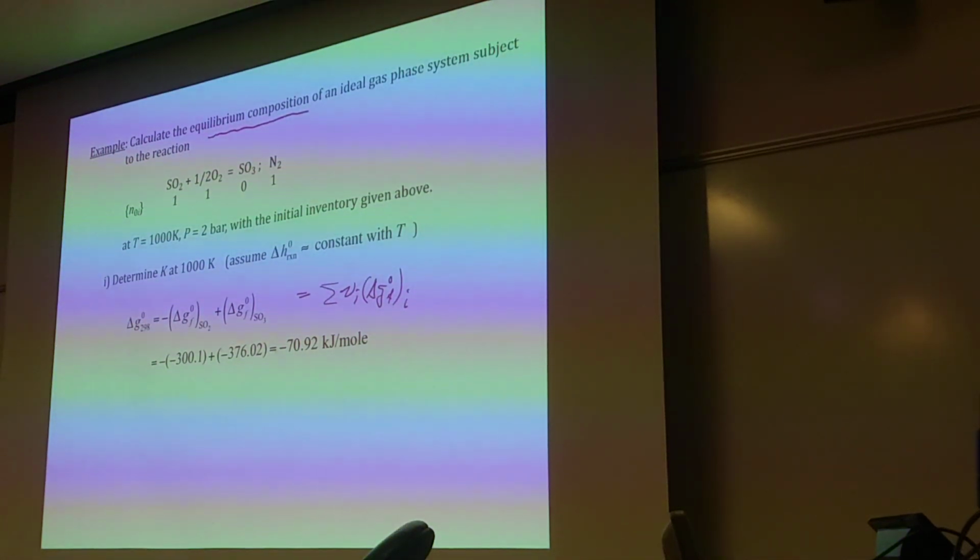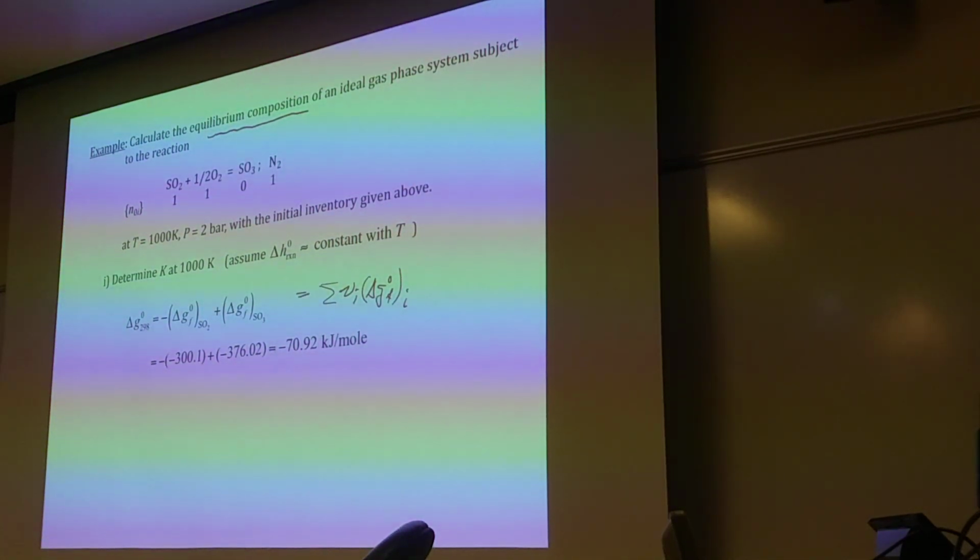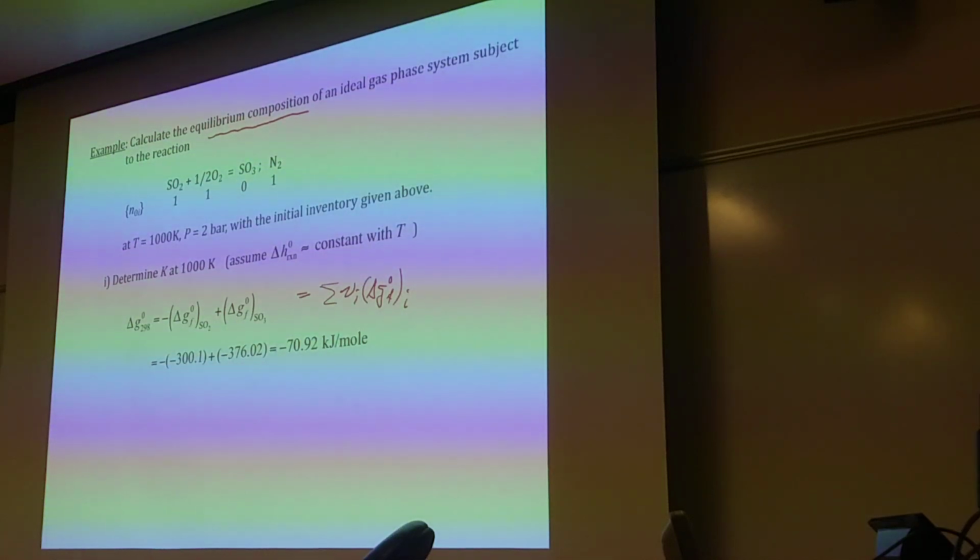For oxygen, since it's already an element in its standard state form, that doesn't contribute anything. So we look at the tables for these formation reactions, and I'm just picking out the numbers, and we end up with the standard Gibbs free energy change for this reaction at the reference temperature of 298 of minus 70.92 kilojoules per mole.